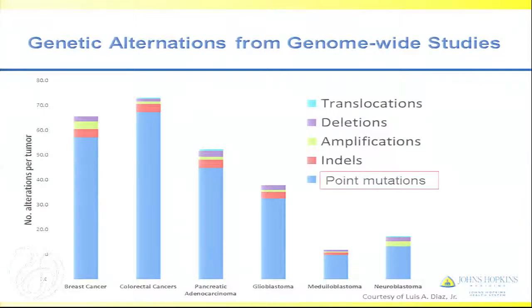There are a number of genetic alterations that a cancer can harbor. And this slide illustrates that essentially the majority of these are still single nucleotide substitutions or point mutations.